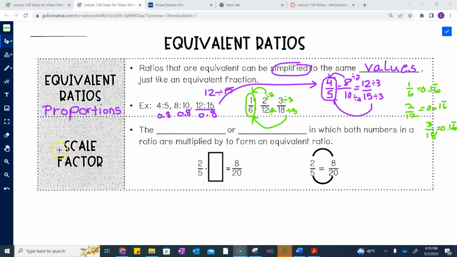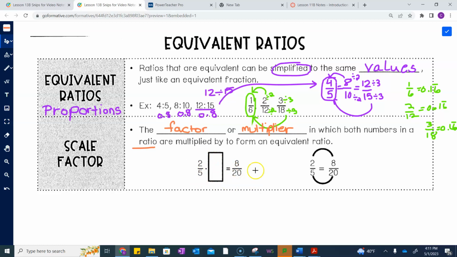And the next term you're going to hear me use in this lesson is scale factor. A scale factor is the factor or the multiplier by which both numbers in a ratio, or fraction, are multiplied to form an equivalent ratio.